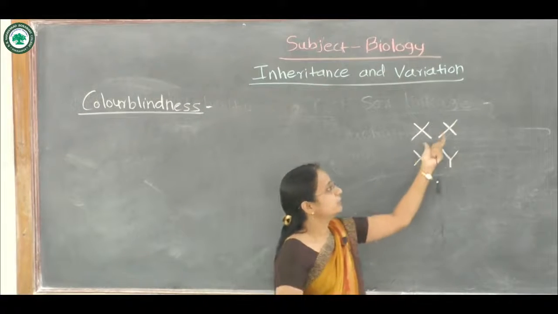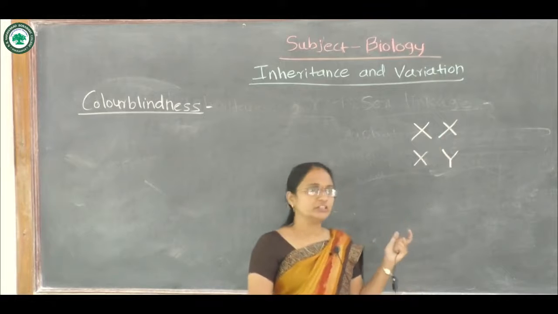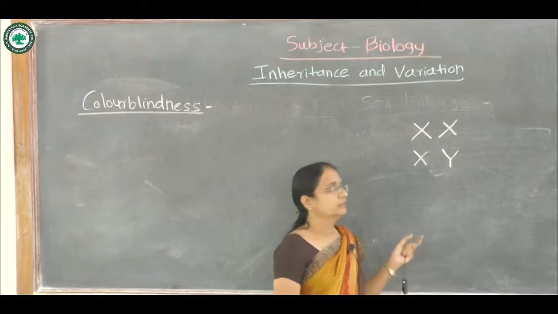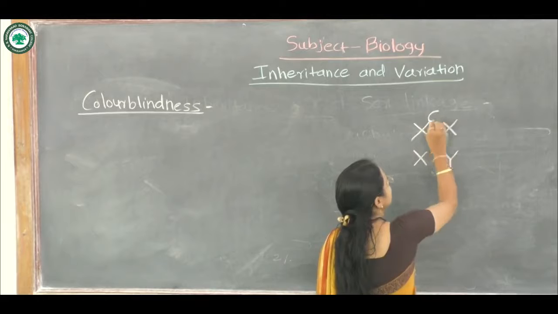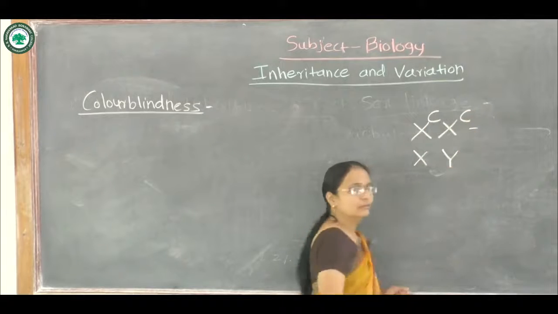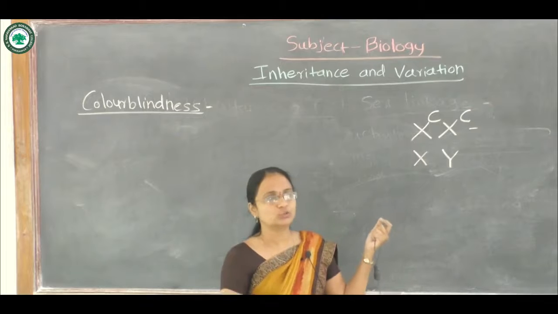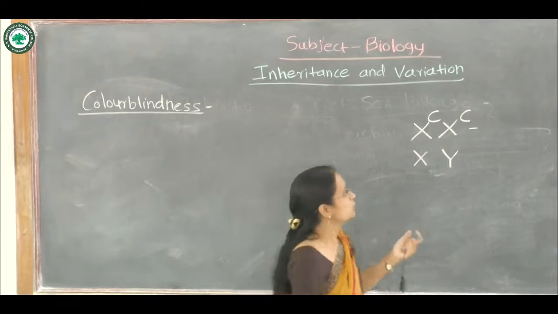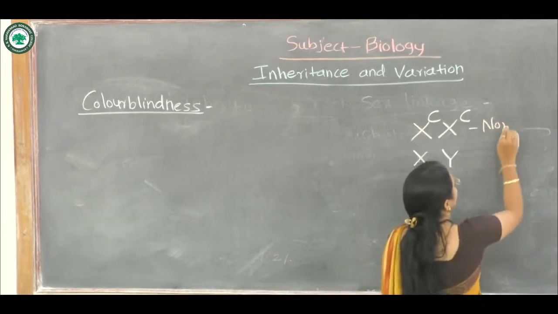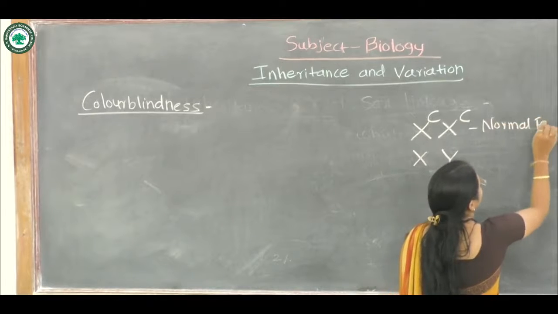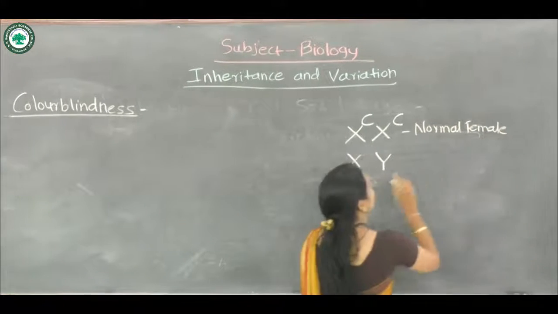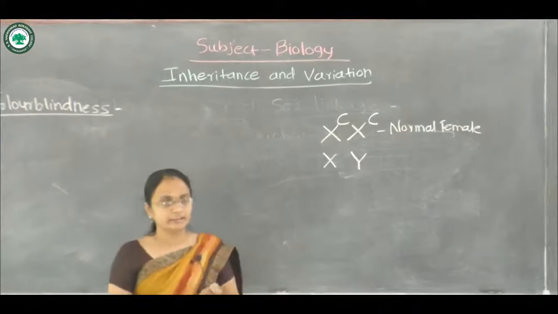Suppose that type of genotype is present in a female and this female carries the dominant gene for color blindness; this dominant gene does not show the abnormality. In this condition this female is a normal female. Again, that X is the carrier.